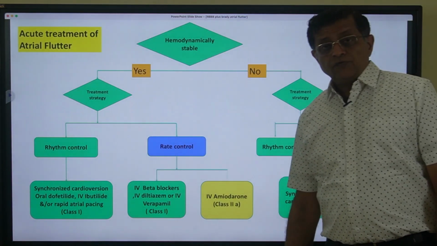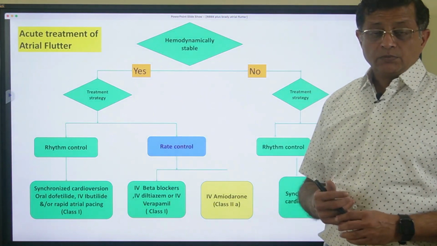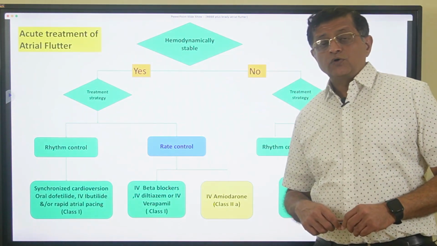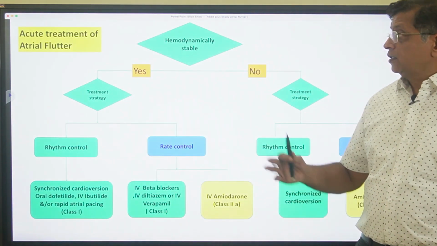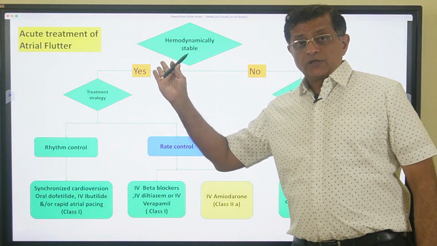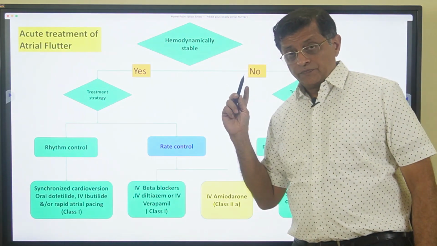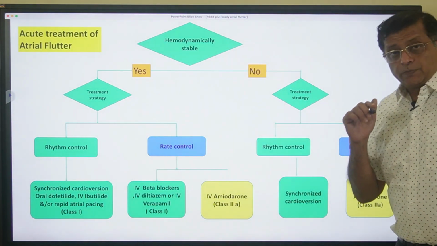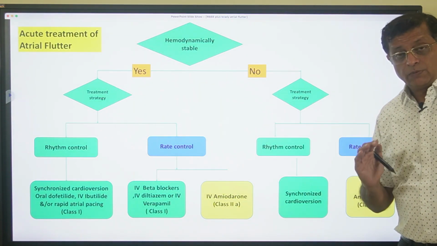What happens if you are in the ICU or in the emergency department and you get a patient with presyncope and an ECG is done and the patient is diagnosed to have atrial flutter? Now, the treatment will depend on whether the patient is hemodynamically stable or unstable.